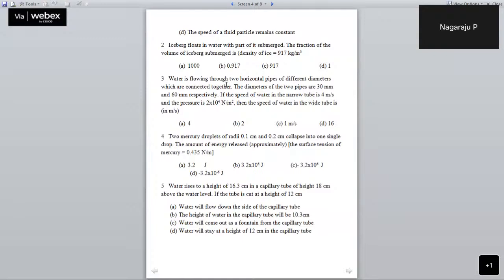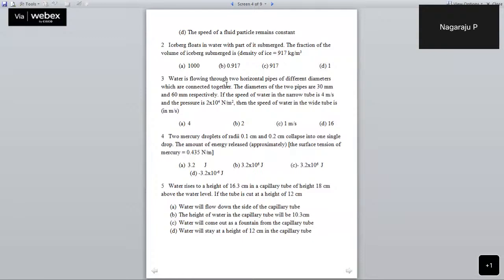For example, when we read this: water is flowing through 2 horizontal pipes of different diameters which are connected together. So there are 2 pipes, but they have different diameters and they are connected together. The diameters of the two pipes are 30 mm, given in millimeter, and the other one is 60 mm respectively.